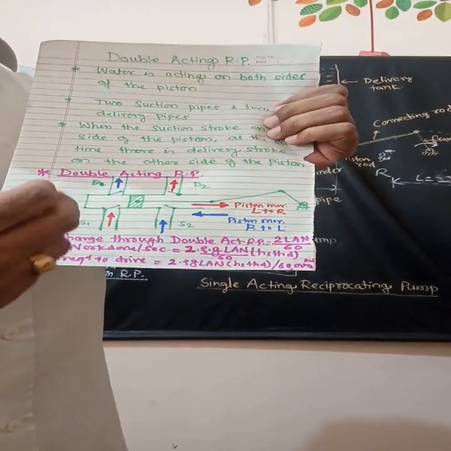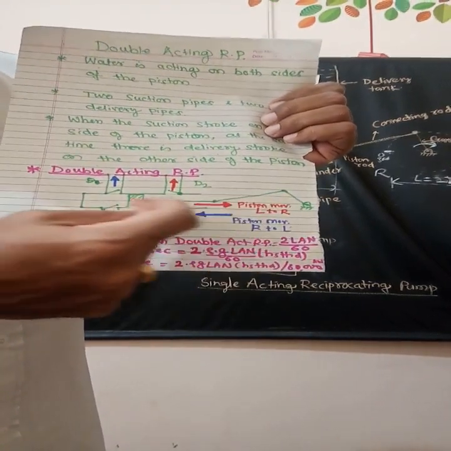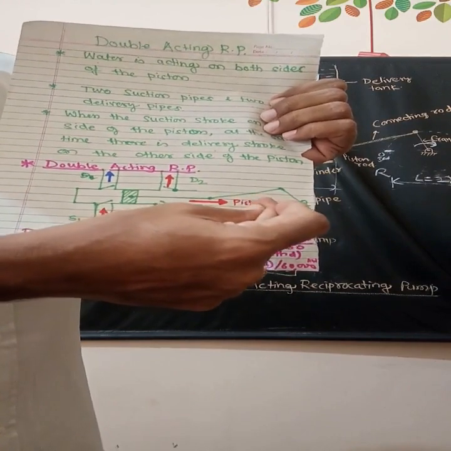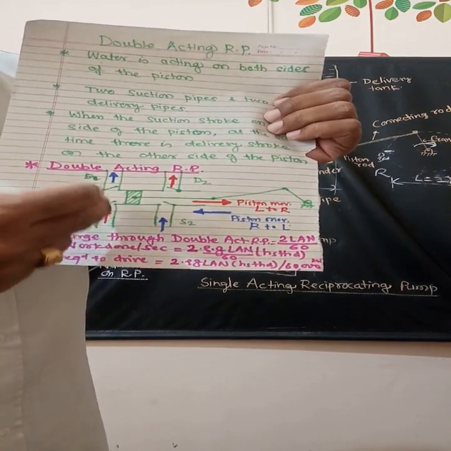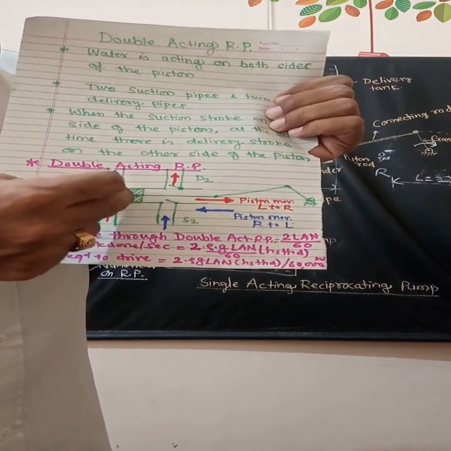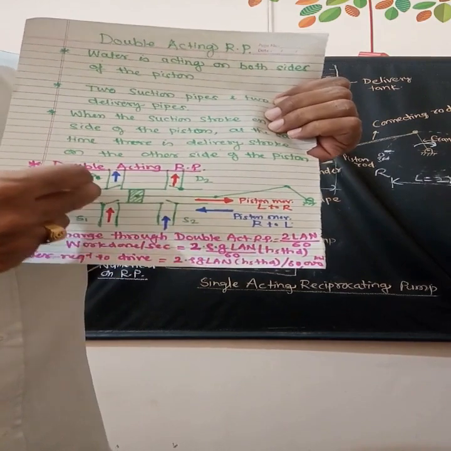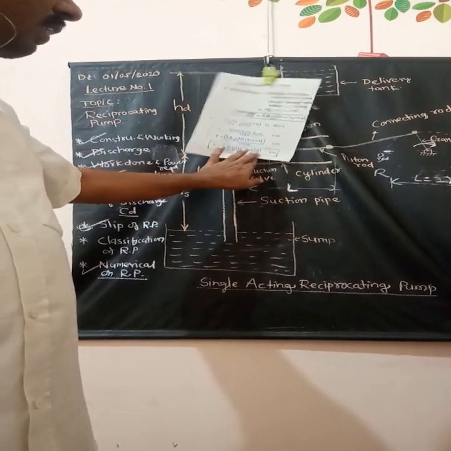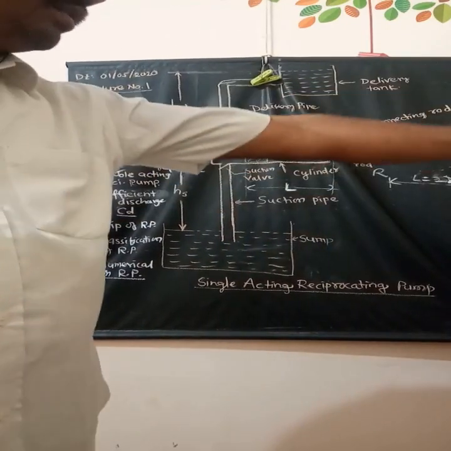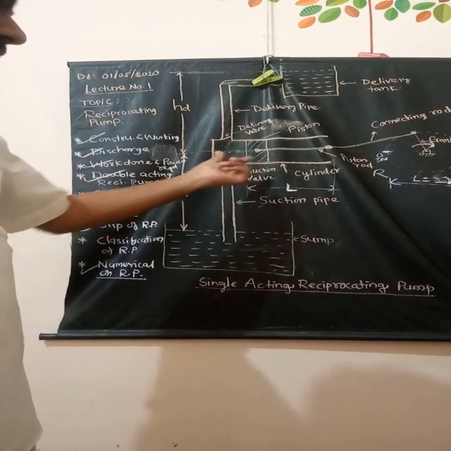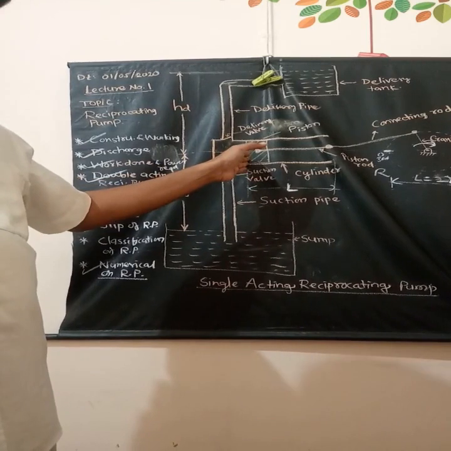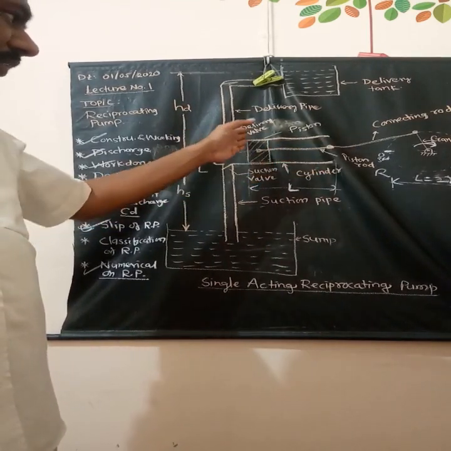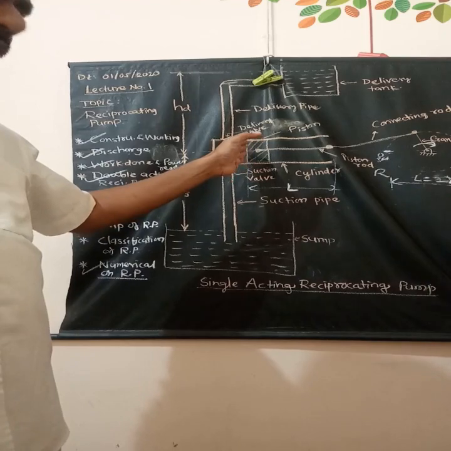It means that during both strokes, left to right as well as right to left, the fluid, that means the water, is acting on both sides of the piston. Whereas in the single acting reciprocating pump, whenever a suction stroke takes place, the water is in contact with this side of the piston, and whenever delivery takes place, the water is in contact with the other side.